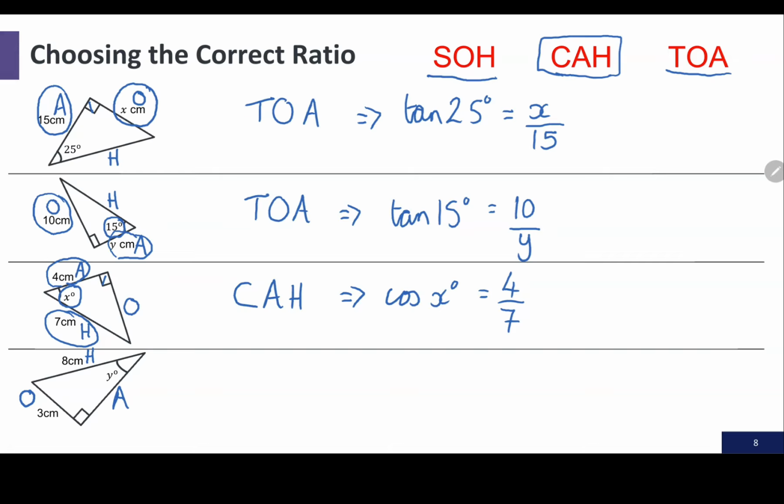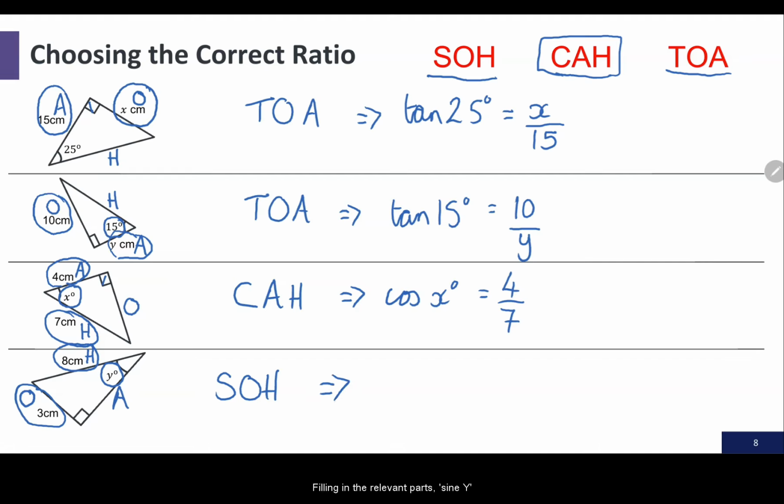Final example. We're trying to calculate y. We know the value of h. We know the value of o. So I'm looking for an acronym at the top with O and H, which is SOH.